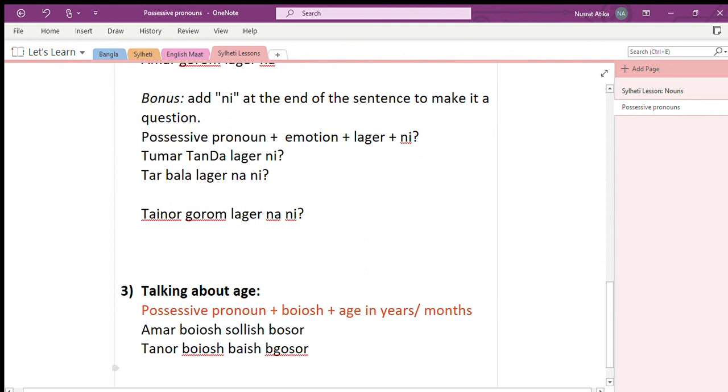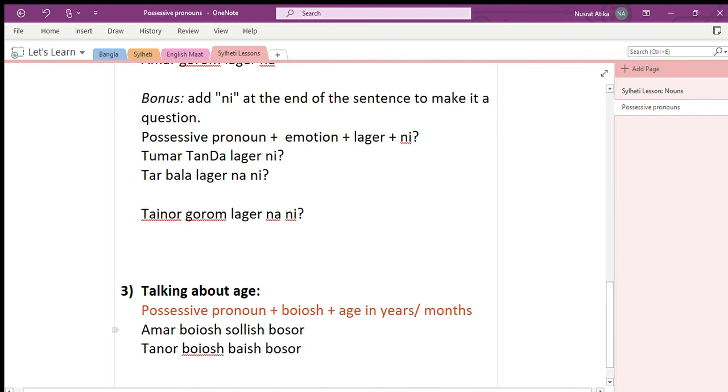And then you're gonna say Tanor boyosh, he or she, their boyosh, Baish, 22, Bosor. This is pretty straightforward. Just your possessive pronoun and then boyosh and then the number and then Bosor.